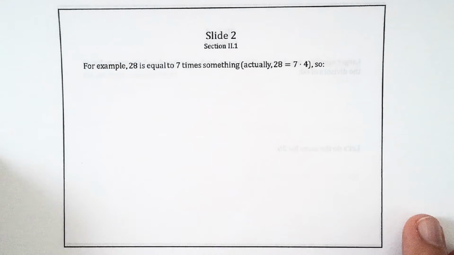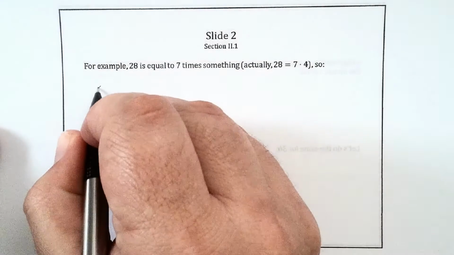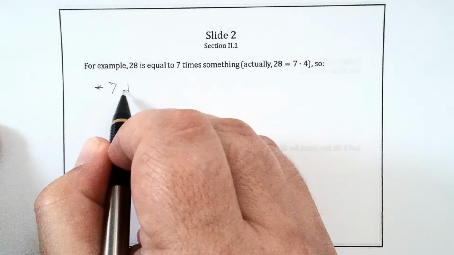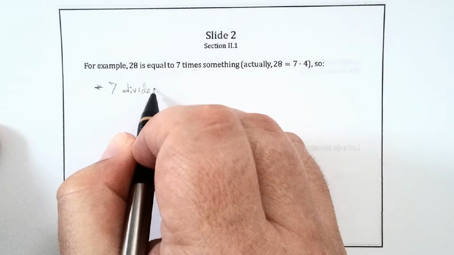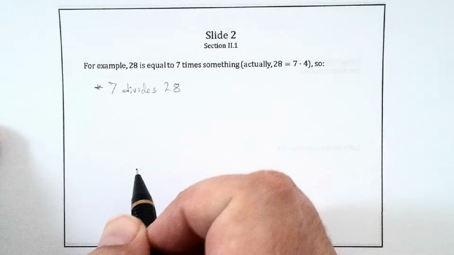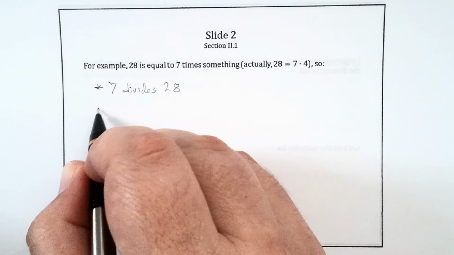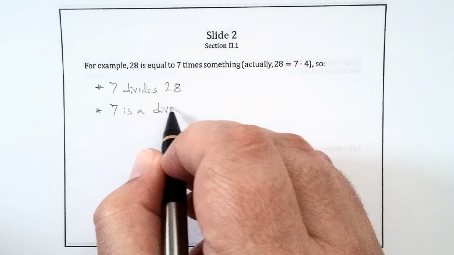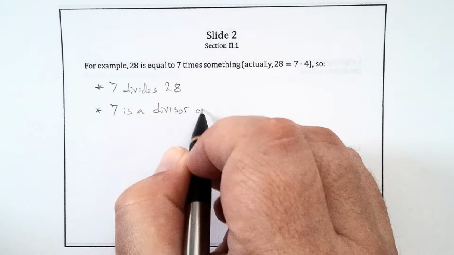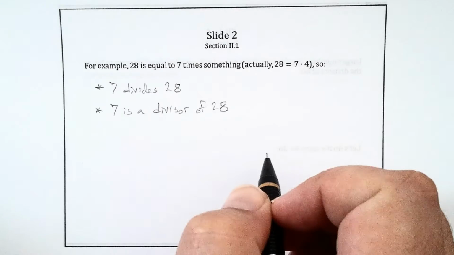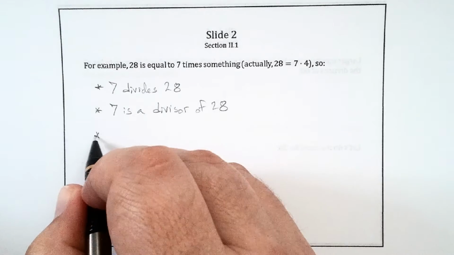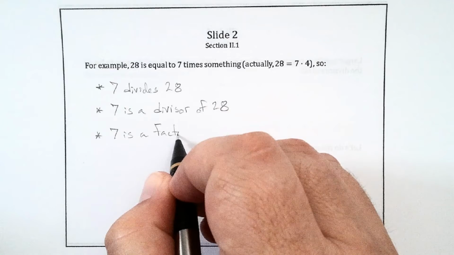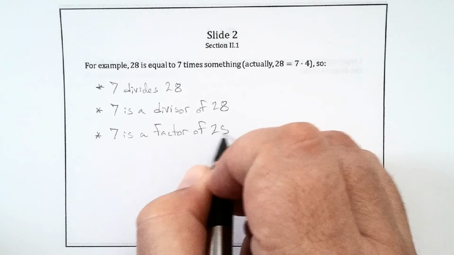So here are some things we can say. We can say 7 divides 28. We can say 7 is a divisor of 28. We can say that 7 is a factor of 28.